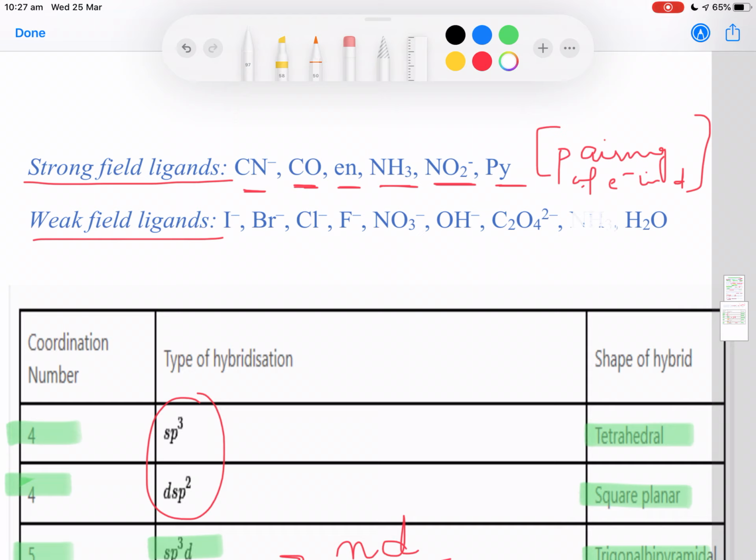When I talk about weak field ligands, again I have a series: iodido, bromido, chlorido, fluorido, then nitrato. This is nitrito and this is known as nitrato. Then of course hydroxido, oxalato and aqua. You have to memorize the series and understand whether a ligand is strong or weak.